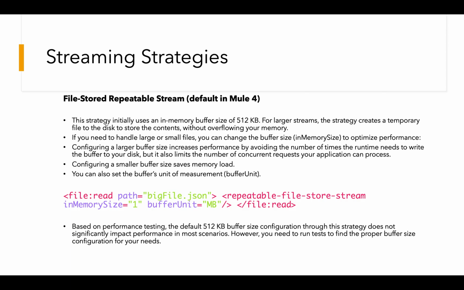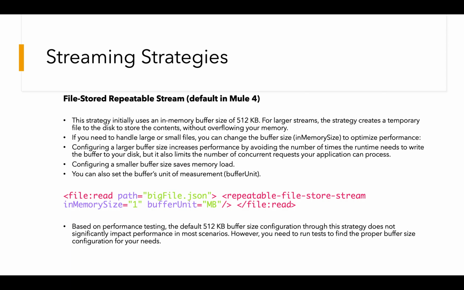Like it will initially use an in-memory buffer up to 512 KB, of course configurable, and after that it will create a temporary file and it will push out all the contents onto the disk. So if you need to handle large or small files, you can change this particular buffer unit and the buffer size. And configuring a larger buffer size increases the performance by avoiding the number of times the runtime needs to write, but it also limits the number of concurrent requests your application can process.